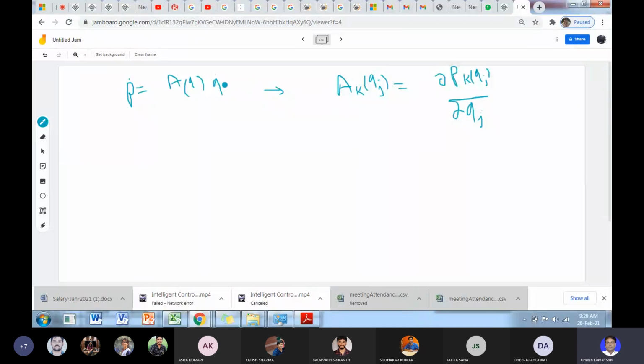The same equation can be represented like this.